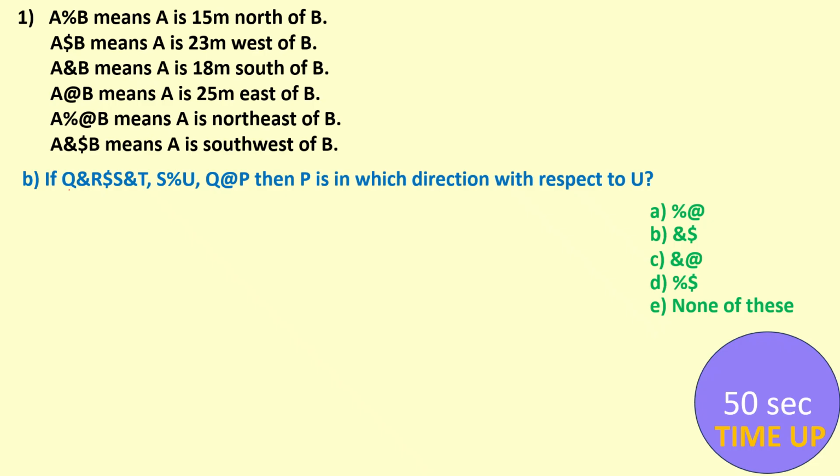Okay. So Q and R. Q and R means what? Q is to the south of R by 18 meter. I'll place Q here.